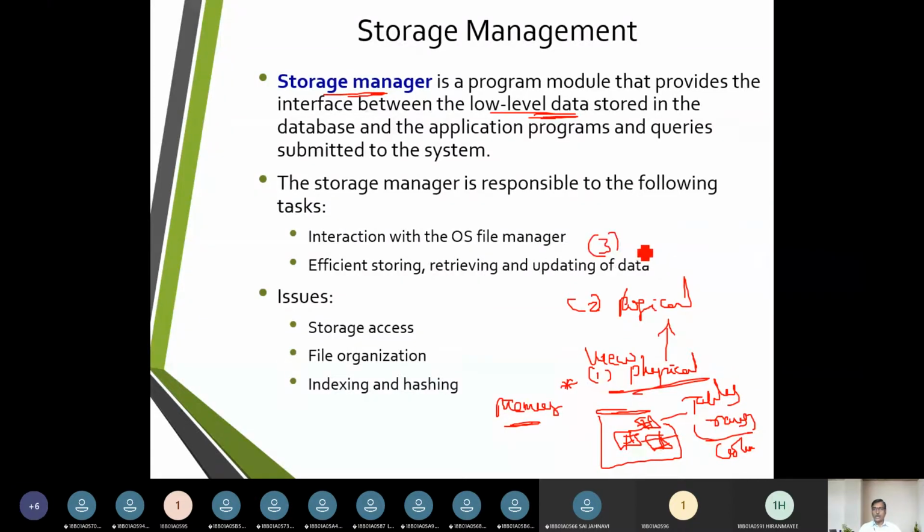So this is how the correspondence between application programs and the database takes place. At the user level we have the application programs, and they are migrated towards the database layer, which exists in the physical layer. So storage has an interaction with the operating system, and it provides effective storing, retrieving, and updating of information.